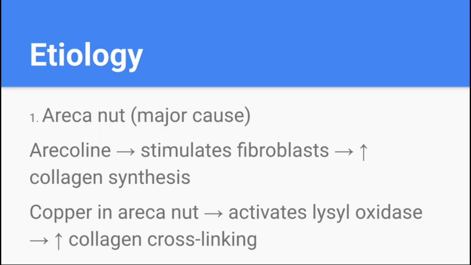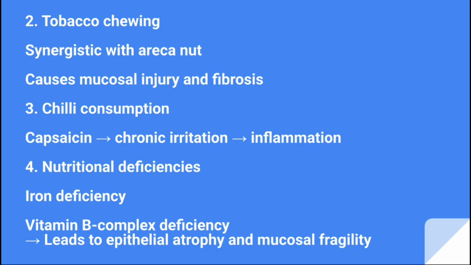So what is the etiology, what are the causes for this OSMF? Areca nut is the major cause. Here alkaloid and flaminase, two types of enzymes, cause this OSMF. Those who eat smokeless tobacco are more prone to this. This is how the areca nuts look like. Chewing tobacco is also one of the most common causes.